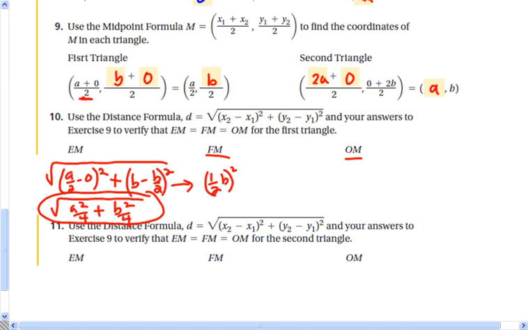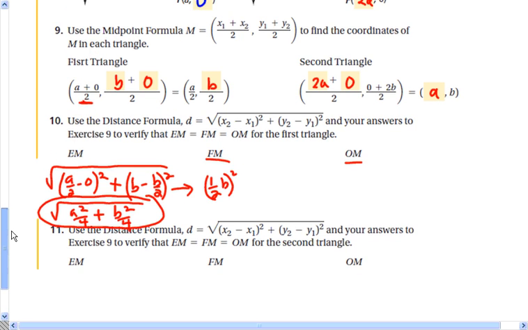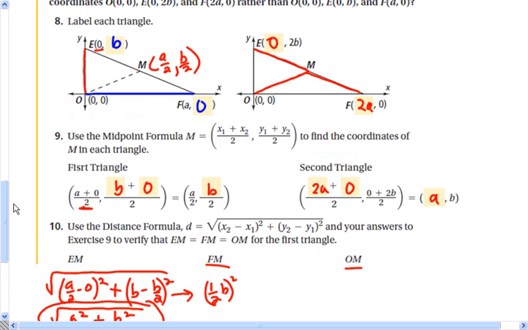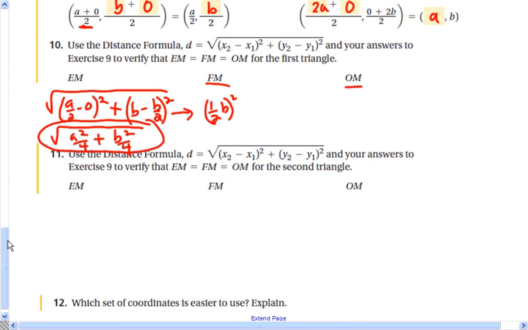But watch what happens when we use the other set of coordinates. For EM, I'm talking about this triangle right here that I'm using. Remember, I just have a, b for my midpoint here. So we're going to do 0 minus a, or a minus 0, and 2b minus b for my expressions under the square root.